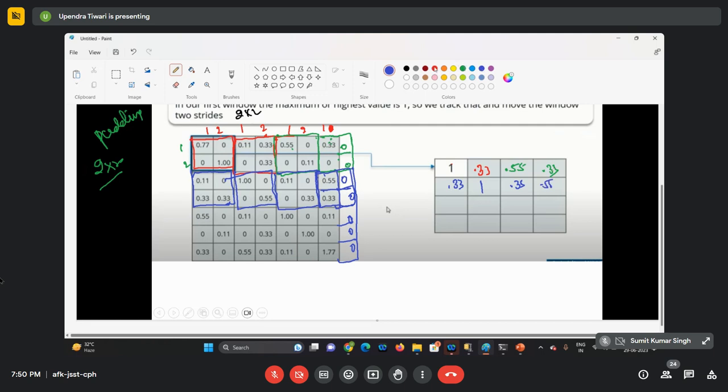In this way, again the stride value of 2 row wise, and we got here. The maximum value is 0.55. Then here it is 0.33. Then here it will be 1. Then it will become 0.11.